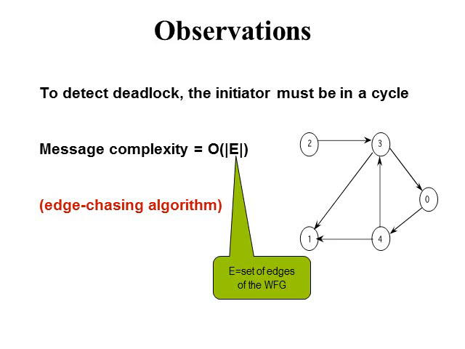The message complexity of this algorithm is of the order of E, the number of edges of the wait-for graph. So another name for this algorithm is the edge chasing algorithm.